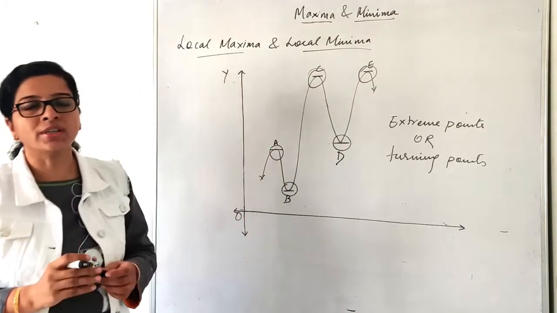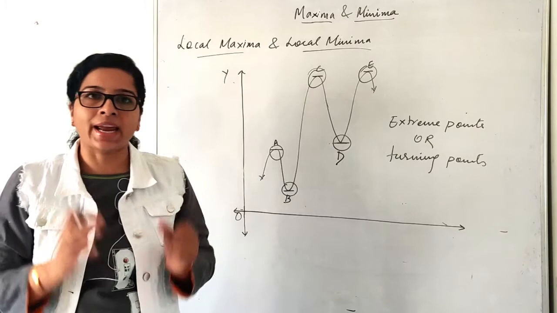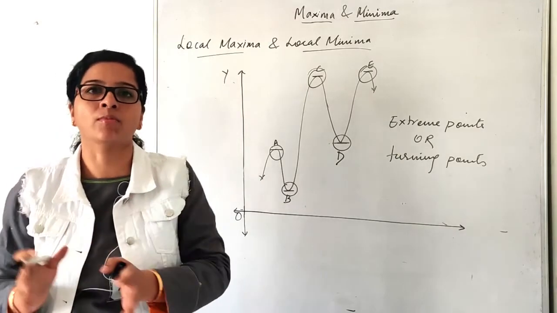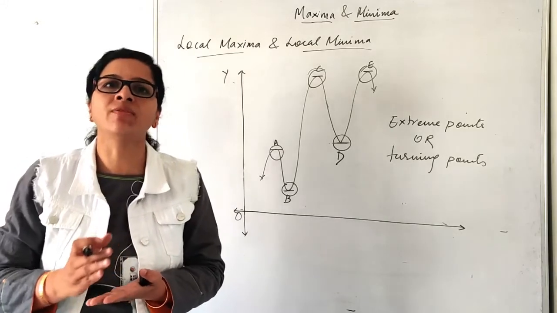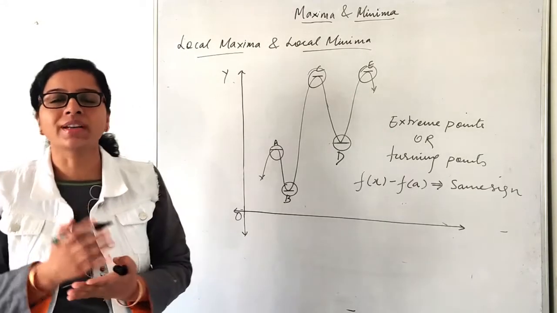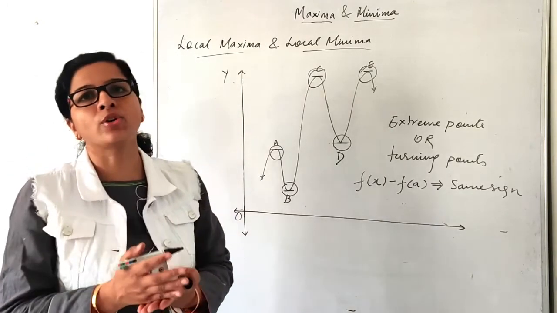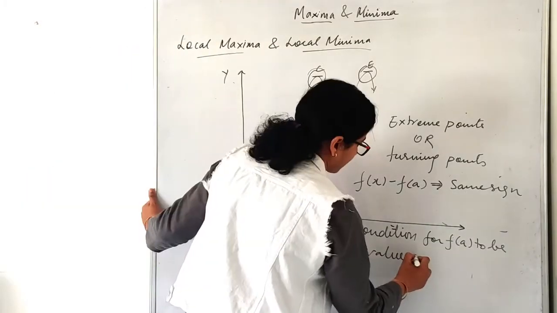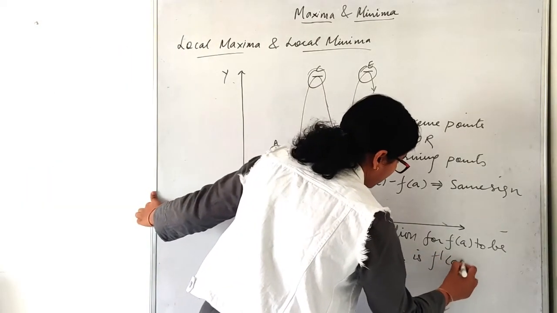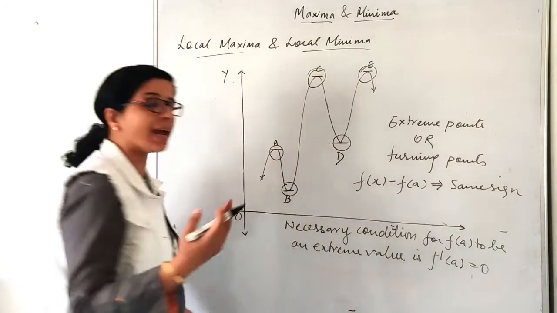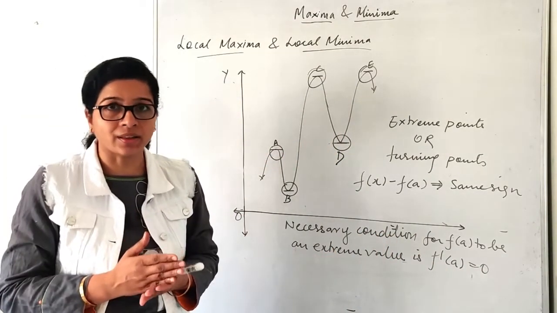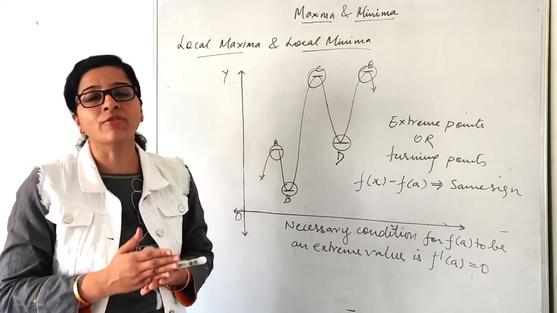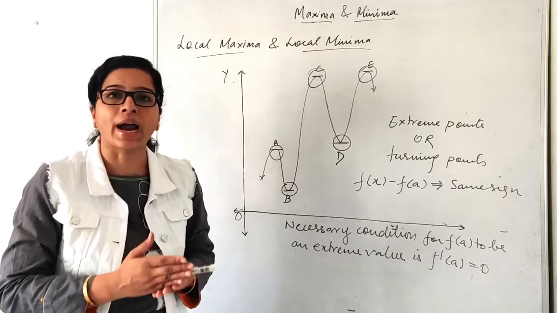So the function can have n number of local maximum or minimum values, and those values are known as extreme values of the function. So the necessary condition for f(a) to be the extreme value is f'(a) should be equal to 0 if it exists. Is that clear? So now let us check a method with which we can find out the local maximum and minimum value.